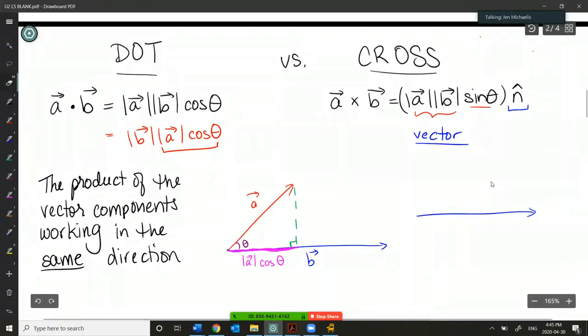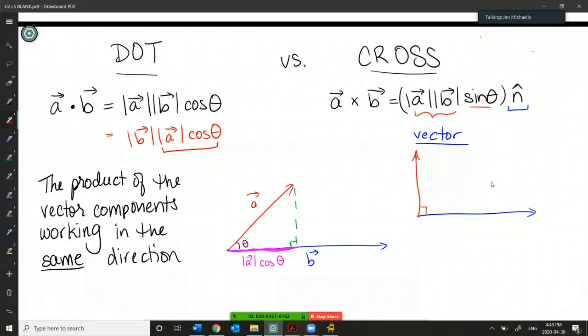And we said that the dot product is equal to 0 when the vectors are perpendicular to one another, because they have no components that are working together. One is completely vertical, let's say, and the other is completely horizontal. They're totally at opposite directions to one another, and there's no components working together.